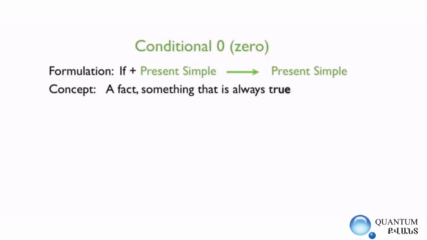So, zero conditional. The formulation, as you remember, is if plus present simple, and again present simple in the main clause. The concept is that it expresses a fact, something that is always true. Now let's have a look at examples. If you mix red and blue, you get purple.